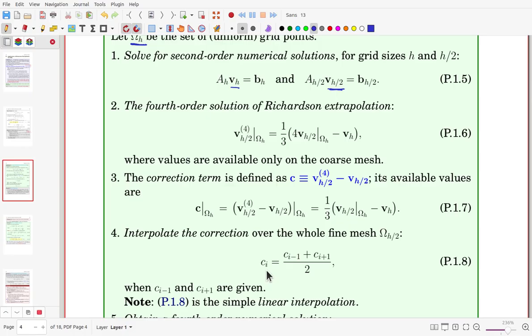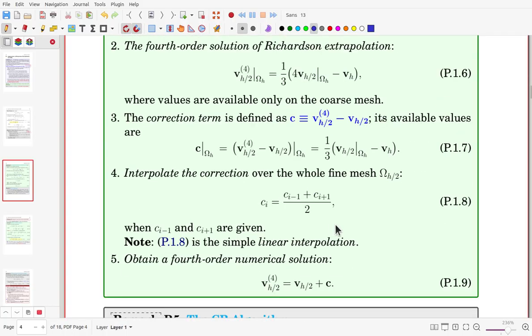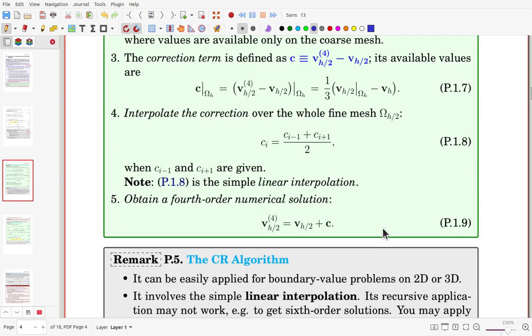Once it is interpolated, then we can add this interpolated correction term to the second order solution on the fine mesh to get a fourth order solution on the fine mesh. That's the algorithm with the CR method.